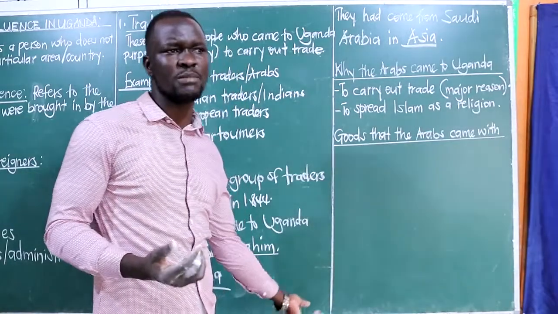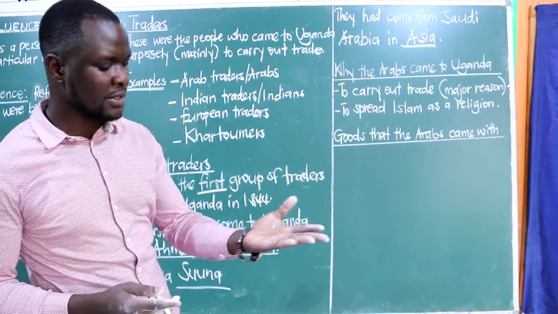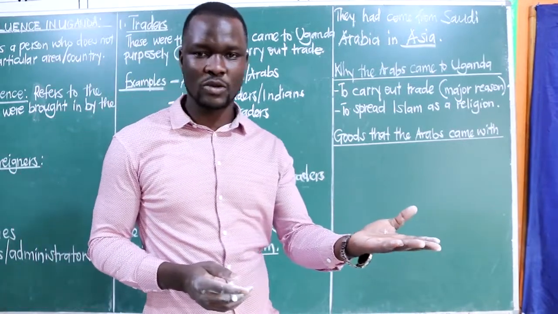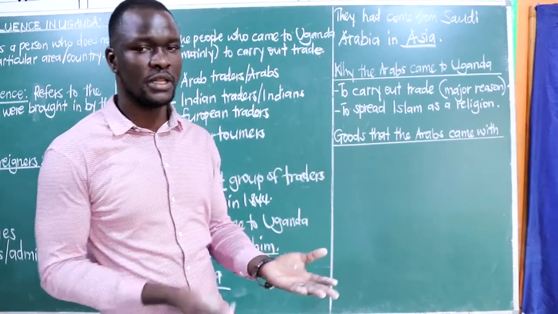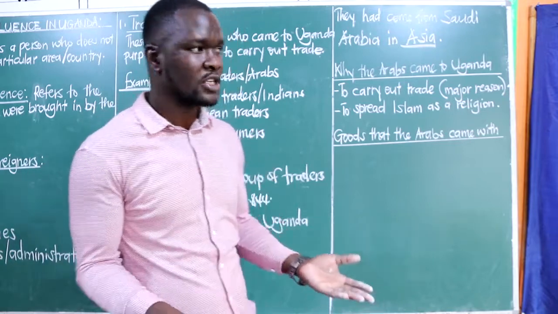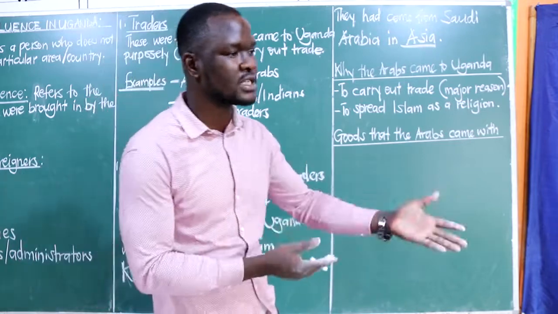People were not using money like if you want to buy something from the canteen or from the shop, you go with the money. No, money was not there. So people could exchange goods for goods.